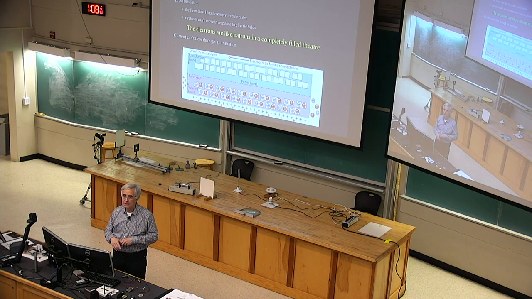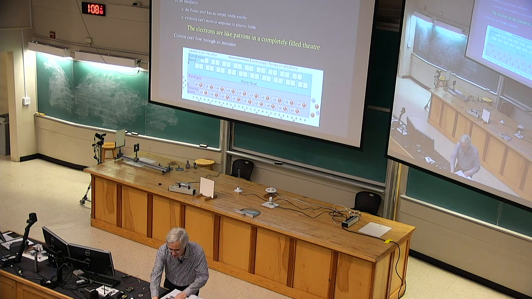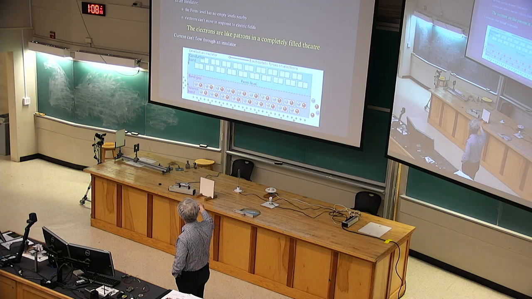General insulators like this. In a semiconductor, it's an insulator, except that the energy needed to move from a valence level to a conduction level isn't all that great. And so it can happen in the presence of light or heat. In a really good insulator, salt, for example, is actually quite a good insulator, the energy needed to move one of these electrons from a valence level to a conduction level is huge.